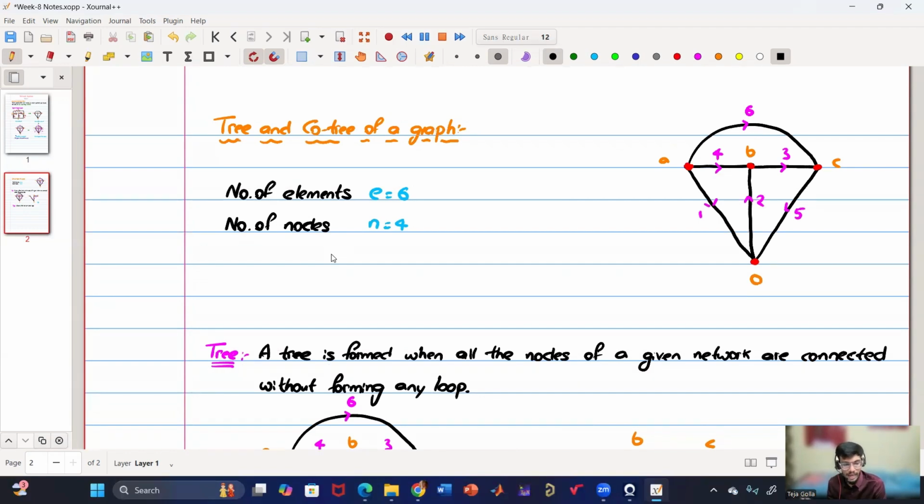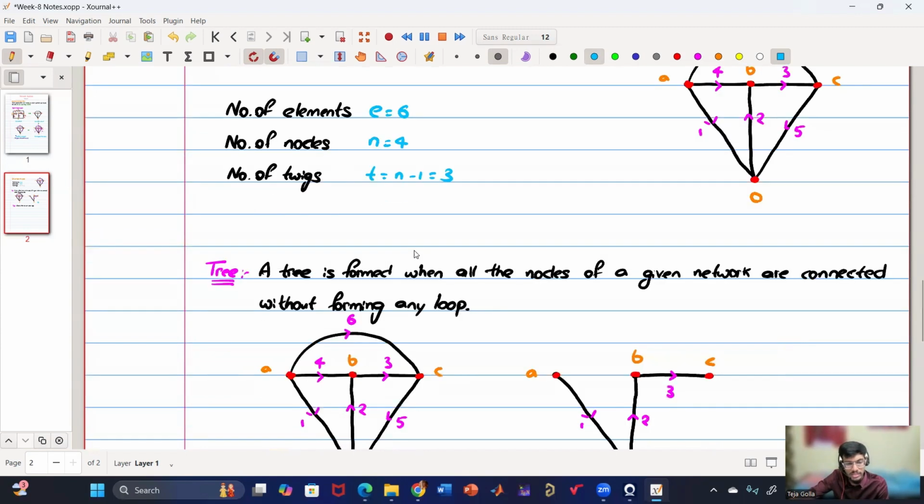So you'll have n minus 1 branches. They are called twigs because they are the elements of the tree. The number of twigs, denoted by t, is equal to n minus 1. Here we will get 3. Is this clear, how we are getting n minus 1? Yes, sir.